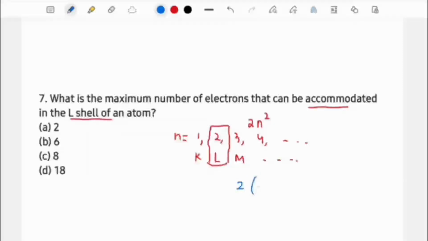So it will be 2 into 2 square, so it will be equal to 4 2s are 8. So 8 will be the maximum number of electrons that can be accommodated in the L shell of an atom. Alright. Next question.